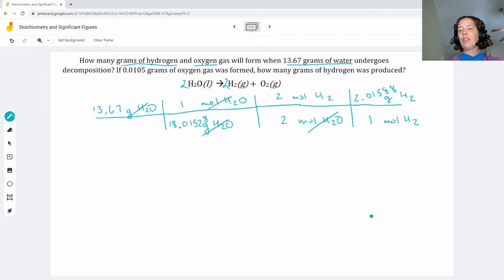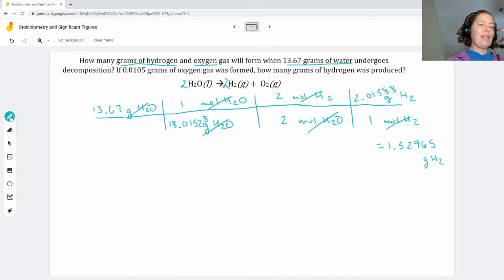Now my moles of hydrogen have canceled, and you can see the only unit I have left is grams of hydrogen, which is exactly what the problem asked for, which means I can now calculate this quantity. So if I do this, and I'm just going to write down a lot of digits here, your calculator will give you so many digits.